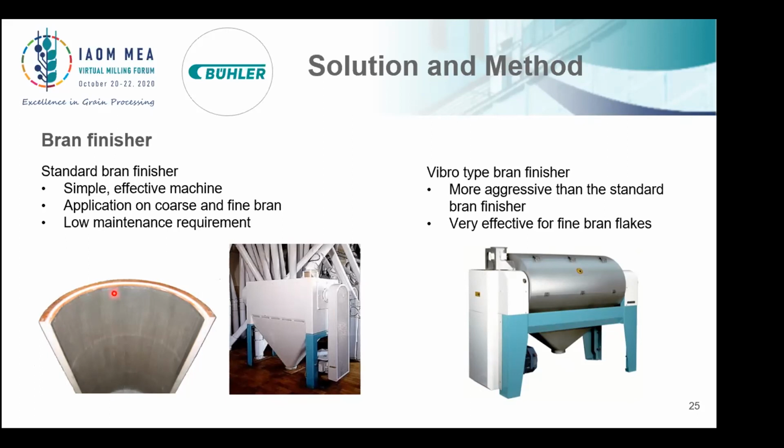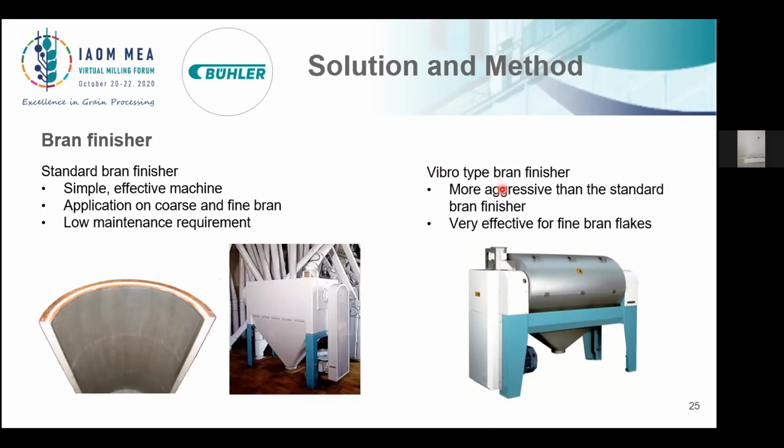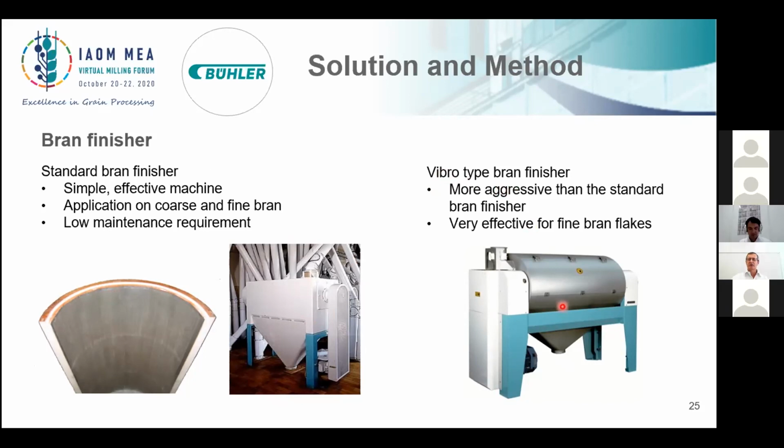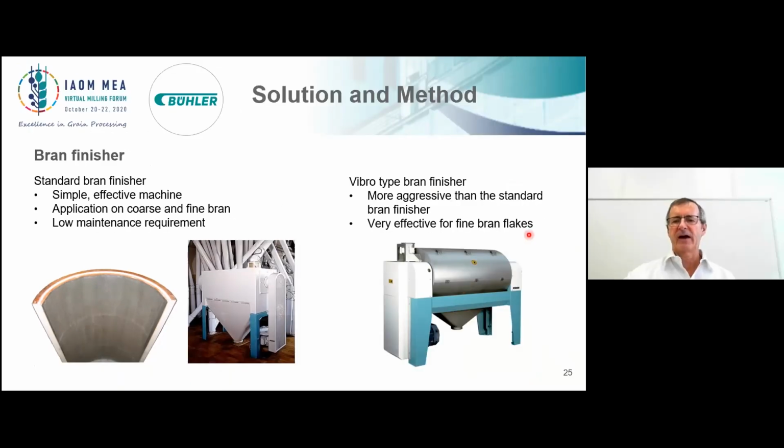If you have a very specific demand on more brown flour, atta flour, anything like pollard, it can be the fiber type bran finisher. It's more aggressive than the standard bran finisher, and it has a very good efficiency in the fine bran flakes.